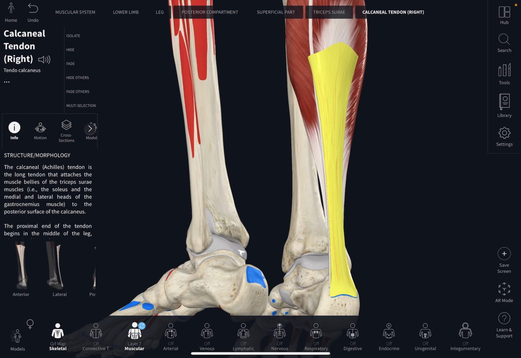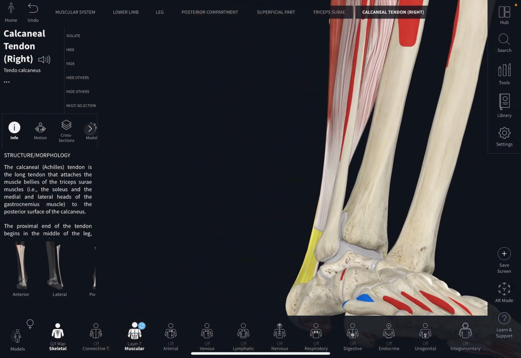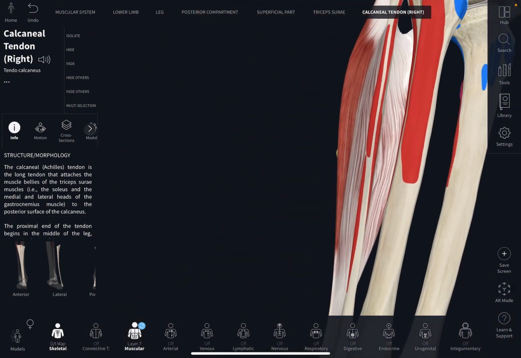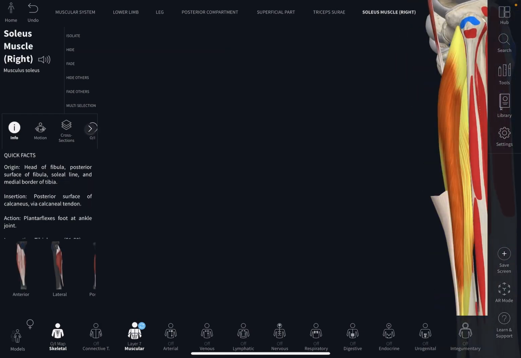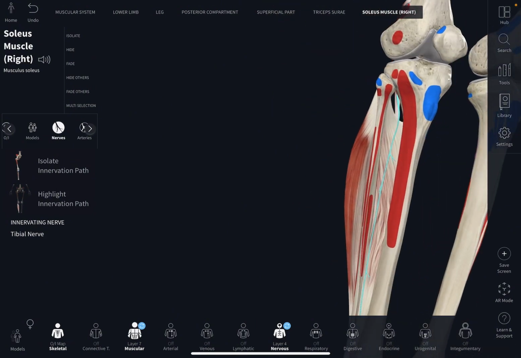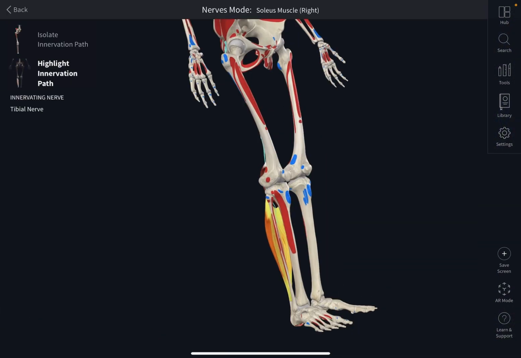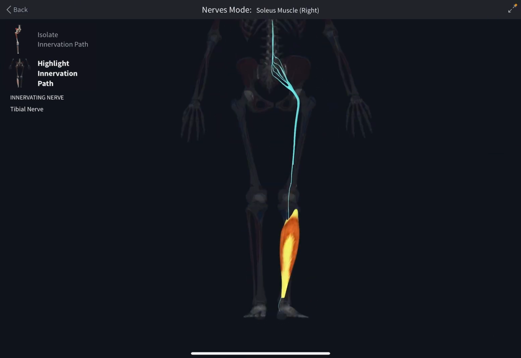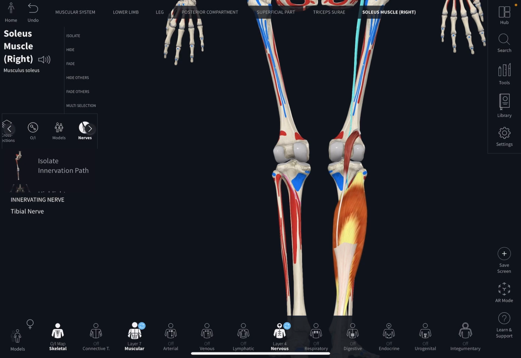And if we look at a clinical correlation, we can have some tibial nerve injury. The tibial nerve is pretty deep in the muscle right here, so it has to be something drastic to cause an injury, like a deep laceration or a posterior knee dislocation, and it's just going to cause paralysis of the posterior leg muscles.